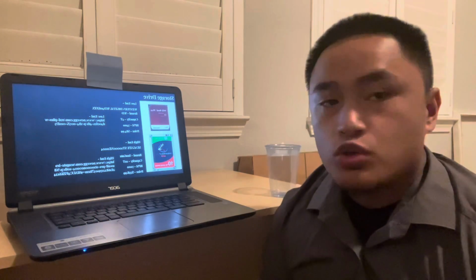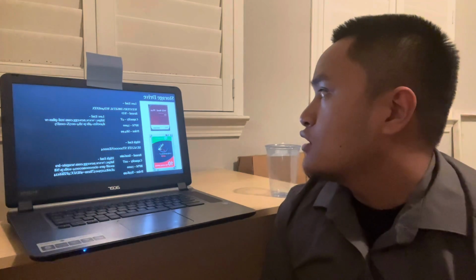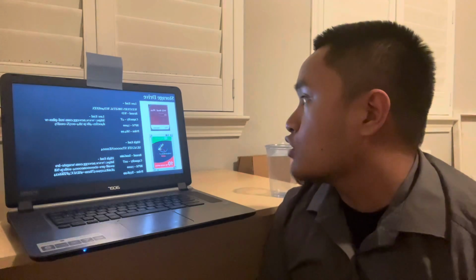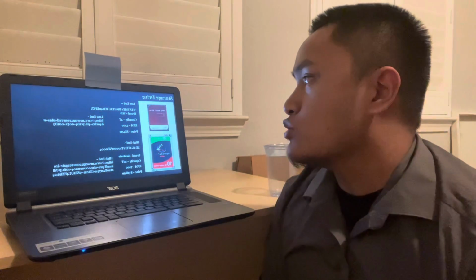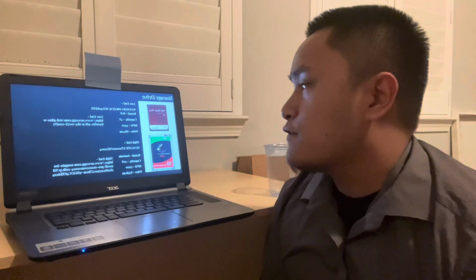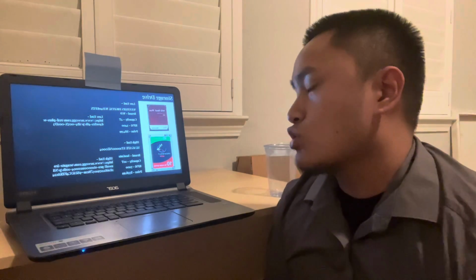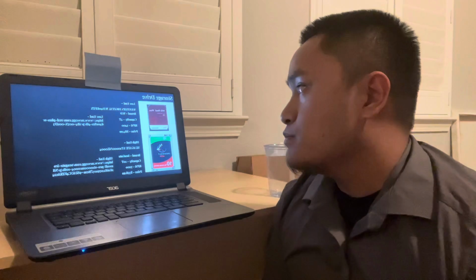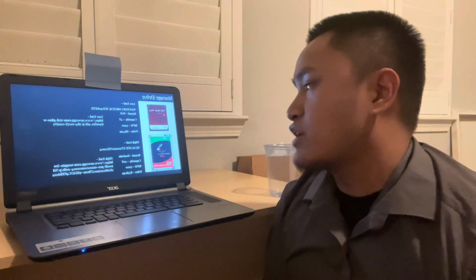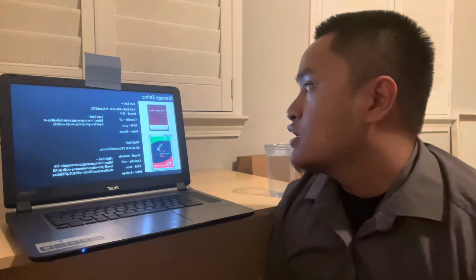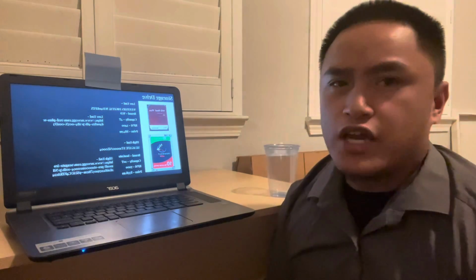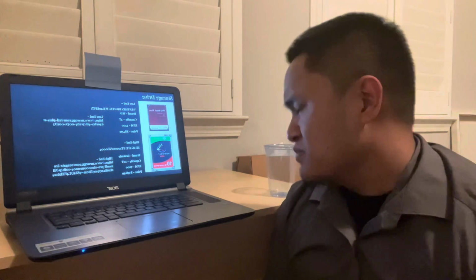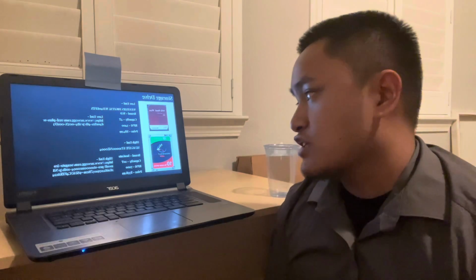And for the storage device, I chose for the low end a hard drive, a Western Digital WD40EFZX, the brand is WD, and the capacity was 4 terabytes, and the RPM was 5400, and the price was $84.99.